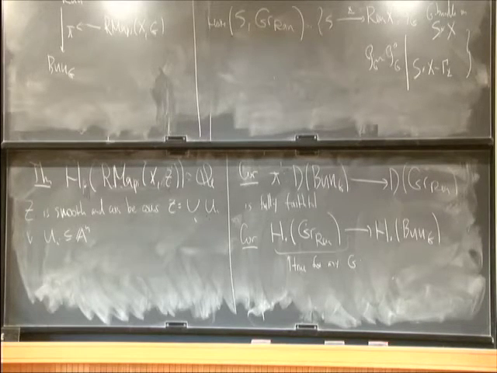And it's also augmented by means of the projection to the point. And so first of all, we have the homology of the affine Grassmannian, which is by definition cohomology with compact supports on the affine Grassmannian with coefficients in omega, the dualizing sheaf.